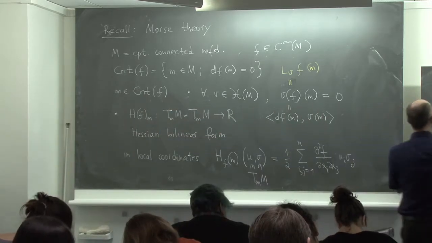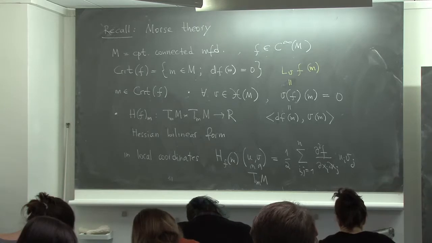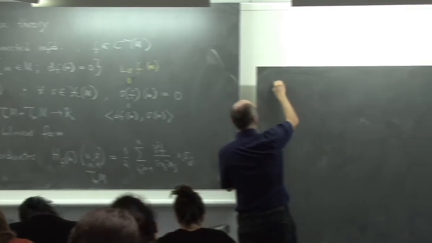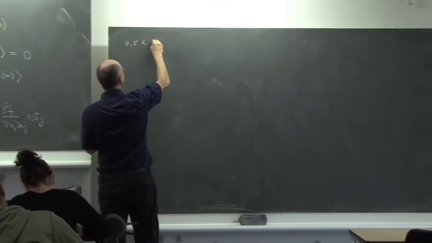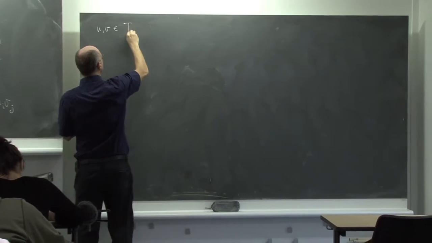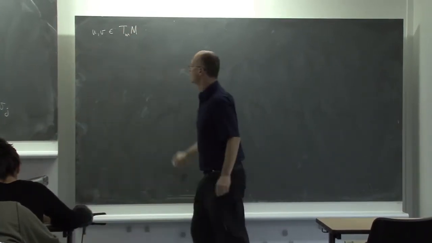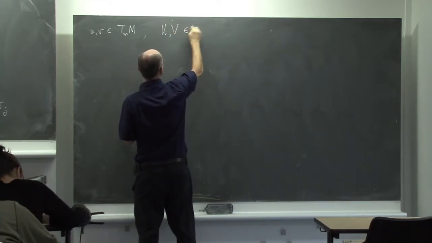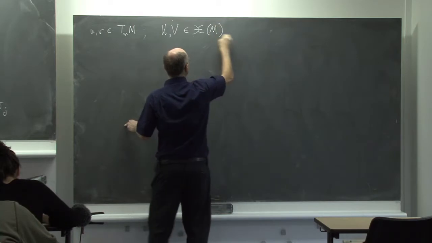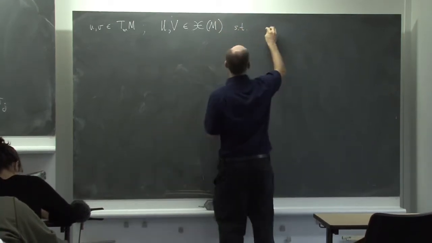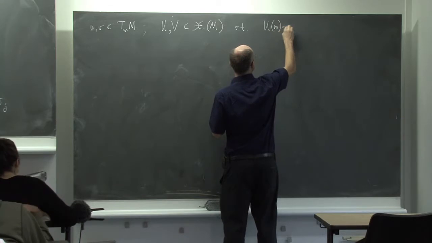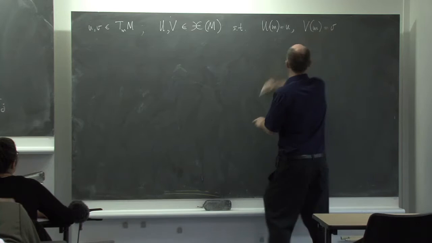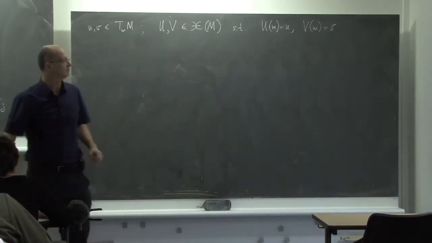Maybe in somewhat more invariant notation, it would look as follows. Suppose that u and v are tangent vectors at M, and let's say capital U and capital V are vector fields such that their values at M are exactly equal to small u and small v.